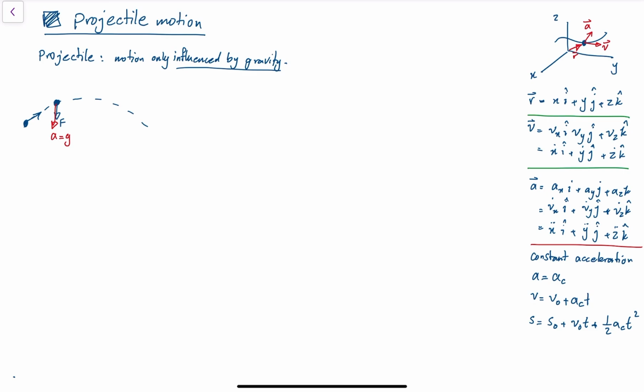Because I know gravity is only downward and it remains constant, it also means there is no acceleration in the other directions. So a equals 0 in that direction, a equals 0 in that direction, and I only have acceleration in the vertical direction. Let's call this axis z.